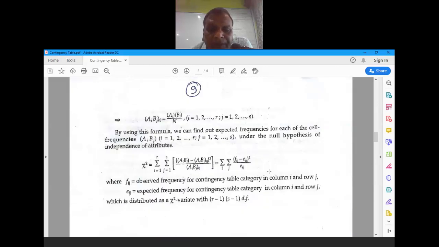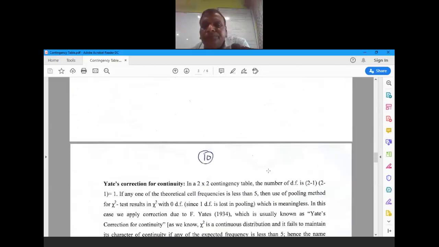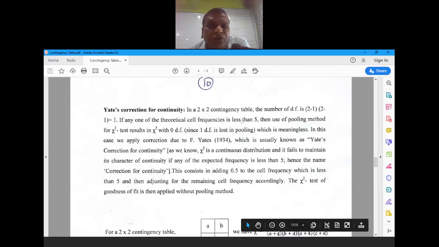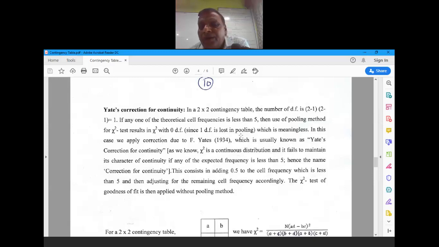Now we come to its correction for continuity. In a 2 by 2 contingency table, the number of degrees of freedom is 1. If any one of the theoretical cell frequencies is less than 5, then use of the pooling method for the chi-square test results in chi-square with 0 degrees of freedom, since 1 degree of freedom is lost in pooling. That's why it is meaningless.